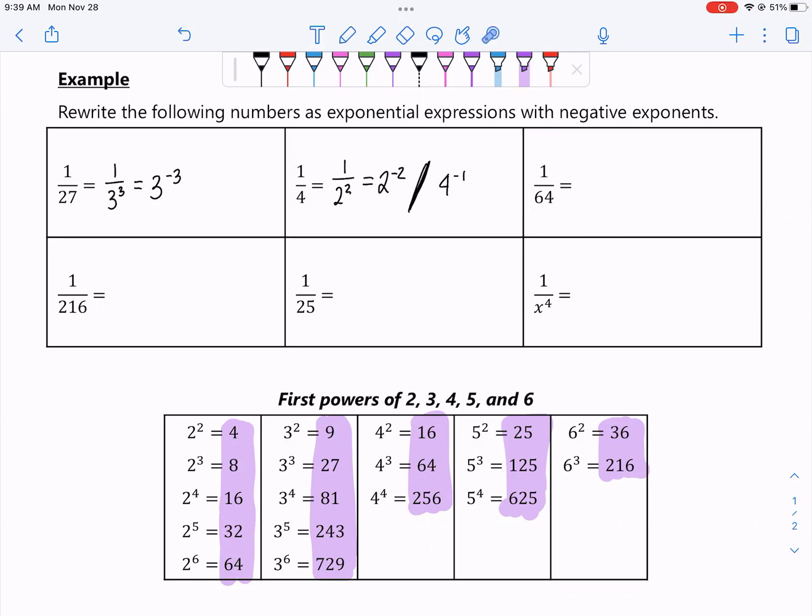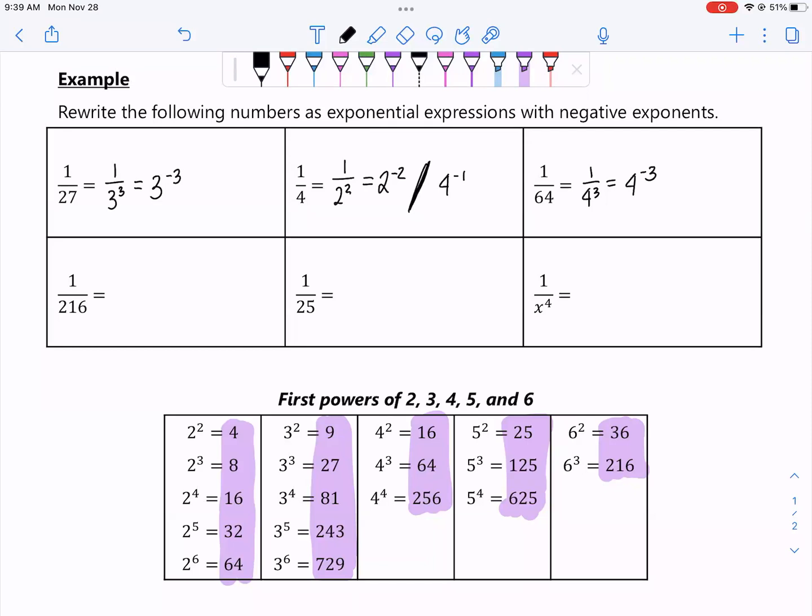1/64. You'll notice 64 is on the 2 list. It's also on the 4 list. So you could use 2s, you could use 4s. It doesn't matter. Maybe we should use 4s because it's fun. So 64 is 4 cubed. This is 1 over 4 cubed, which means it's 4 to the negative 3.